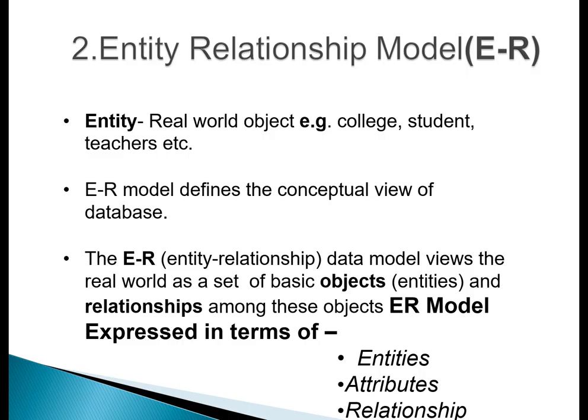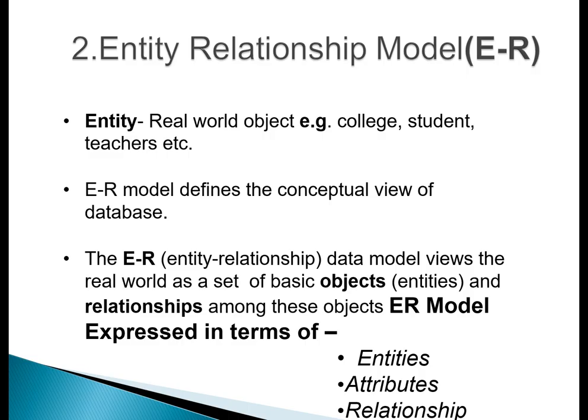Now the very important category of data model is entity relationship model. This is also called as ER model. Now the question is what is entity and what is relationship? Why is there a need of this ER model? Entity is nothing but any real world object, or you can say that anything that exists in the real world is called as entity.